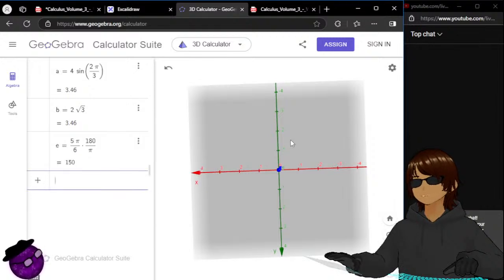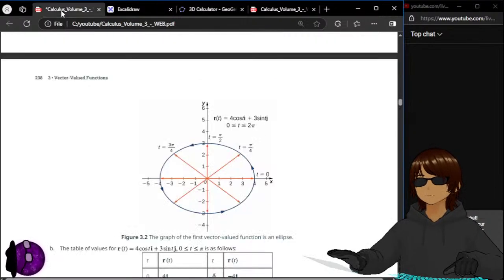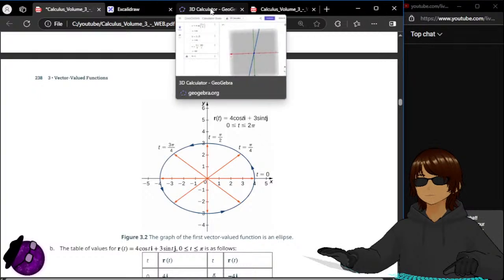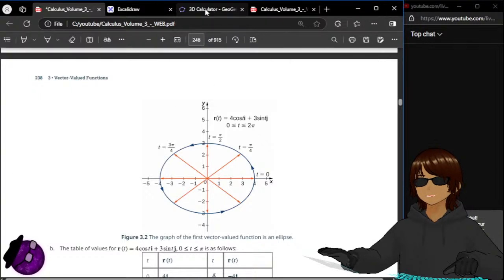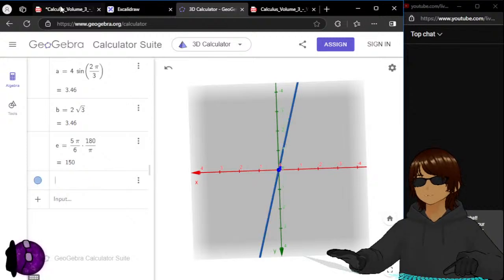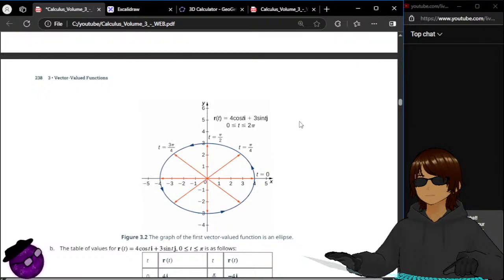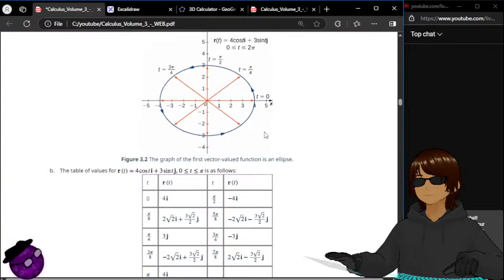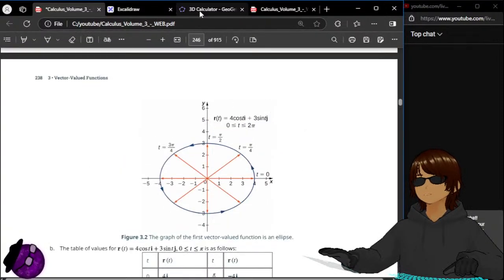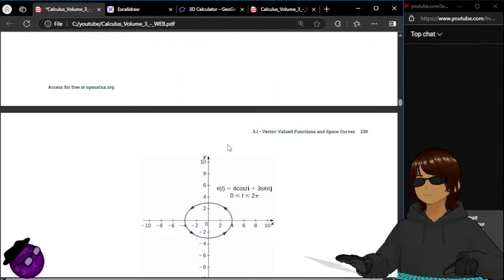So x is equal to 4. Actually, no. No, I don't think it would work here. If anyone knows how to graph a parametric equation, let me know.